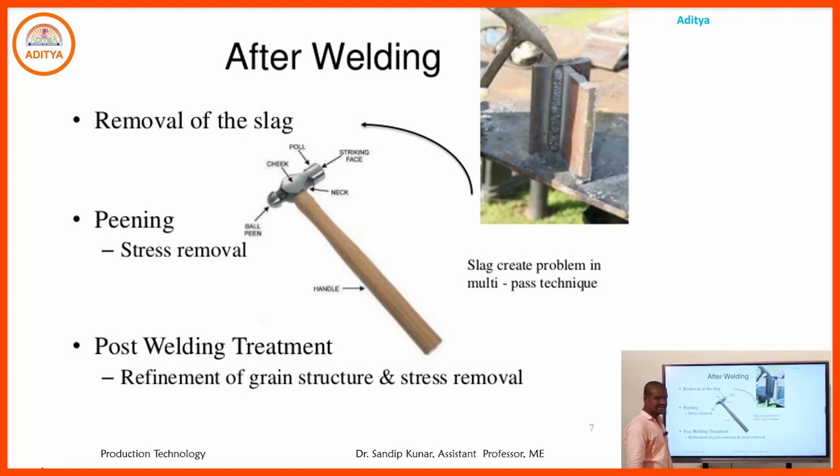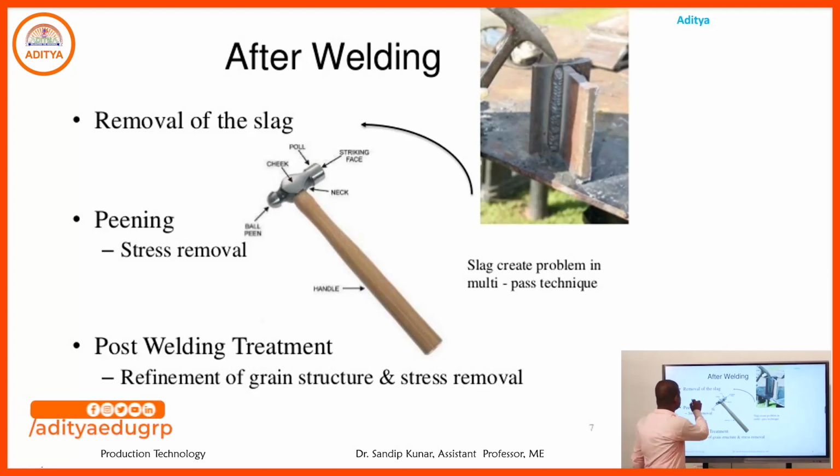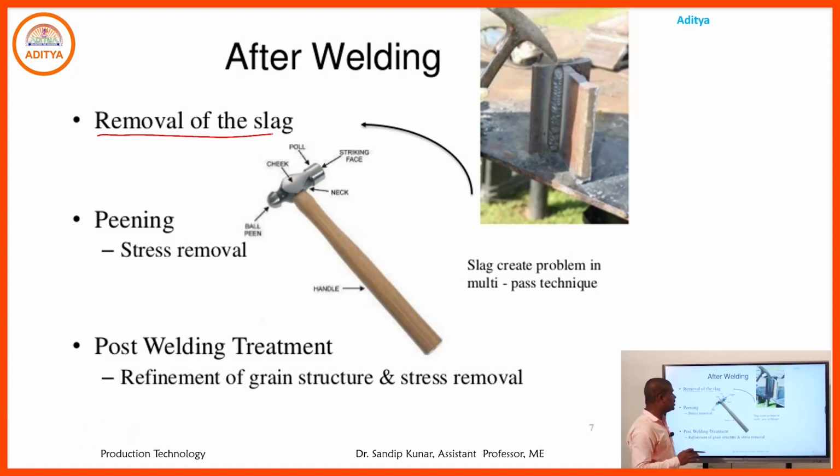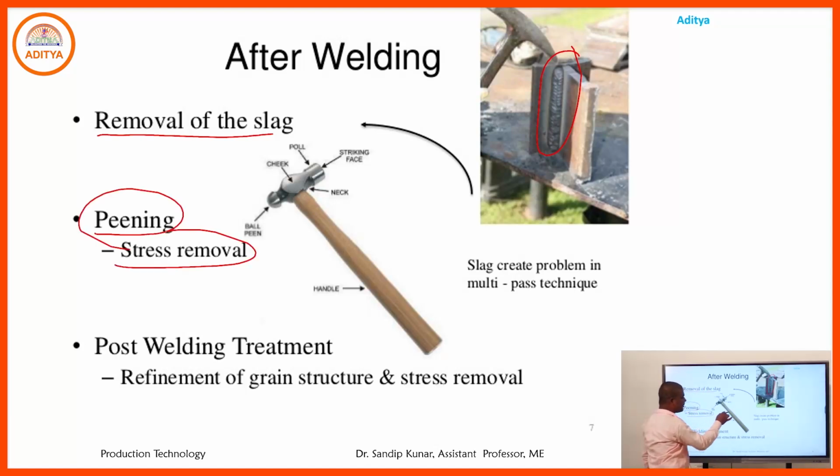After performance of the welding, what happens? Removal of the slag. Some extra flux material or slag material will accumulate on the welding surfaces. For removal of the slag, we use a chipping hammer.